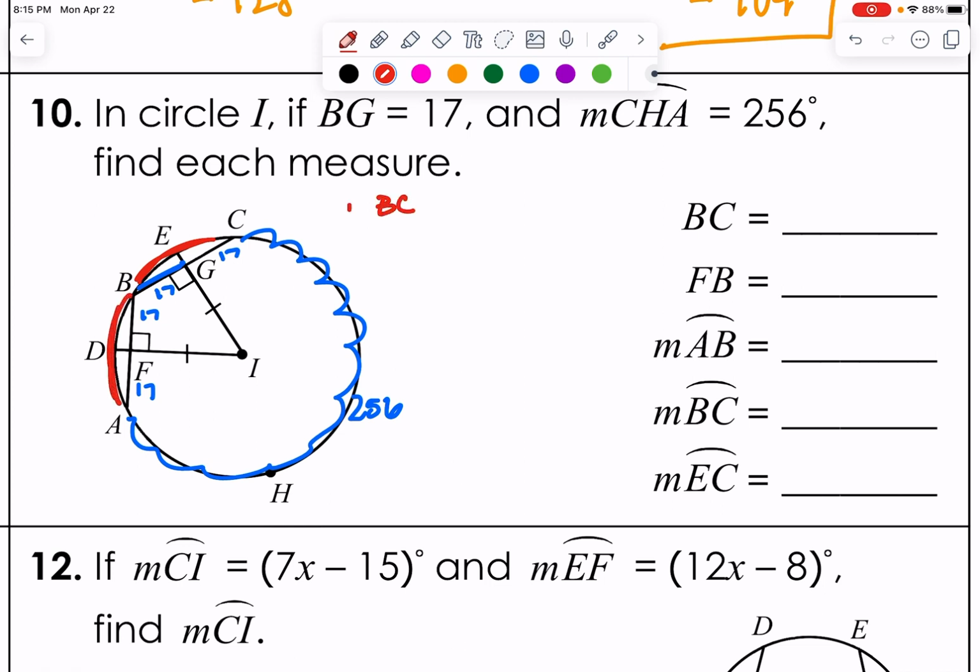So BC is congruent to BA. And I find that by saying 360 minus 256 and dividing by 2. That gives me that each piece is 52 degrees. So this is 52 degrees and this is 52 degrees, which means that each little piece is 26.